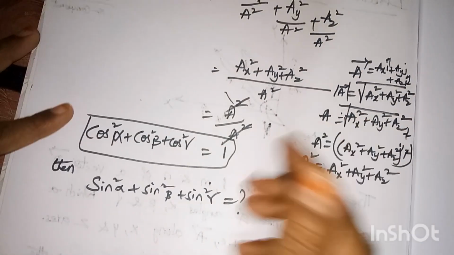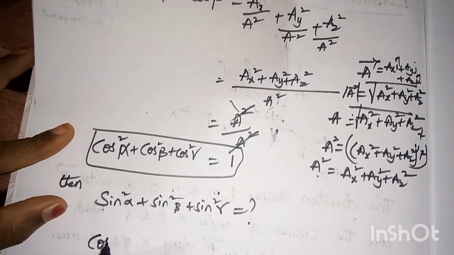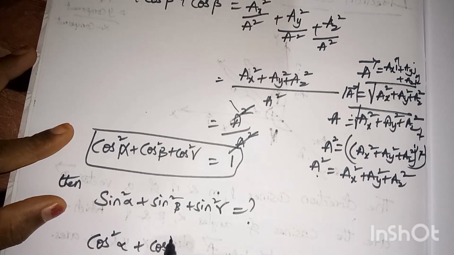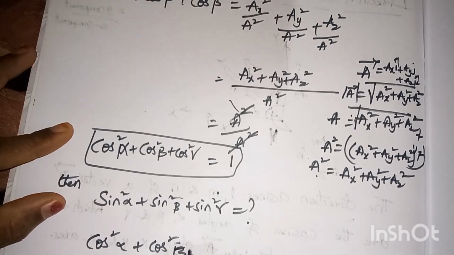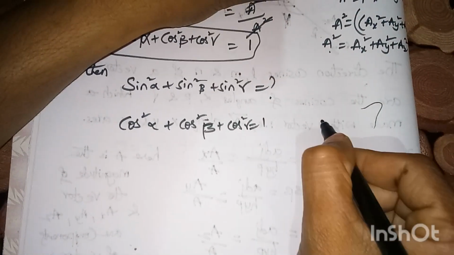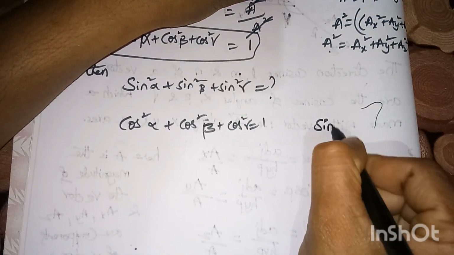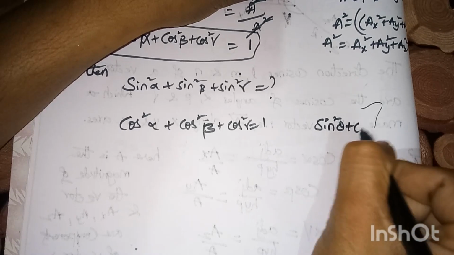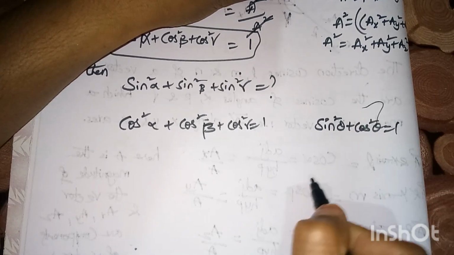How you can find this? So cos square alpha plus cos square beta plus cos square gamma is equal to 1. You know the formula: sin square theta plus cos square theta is equal to 1.